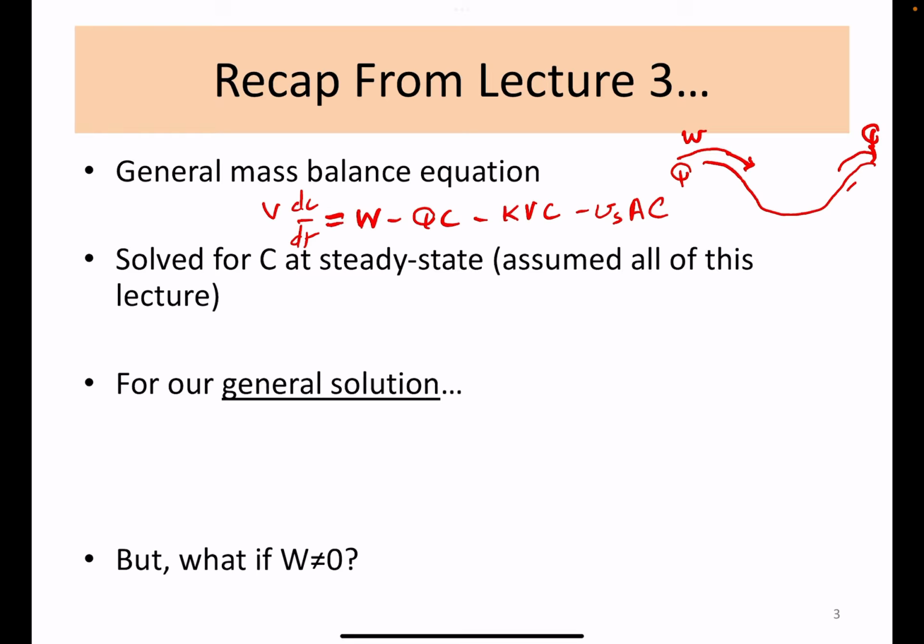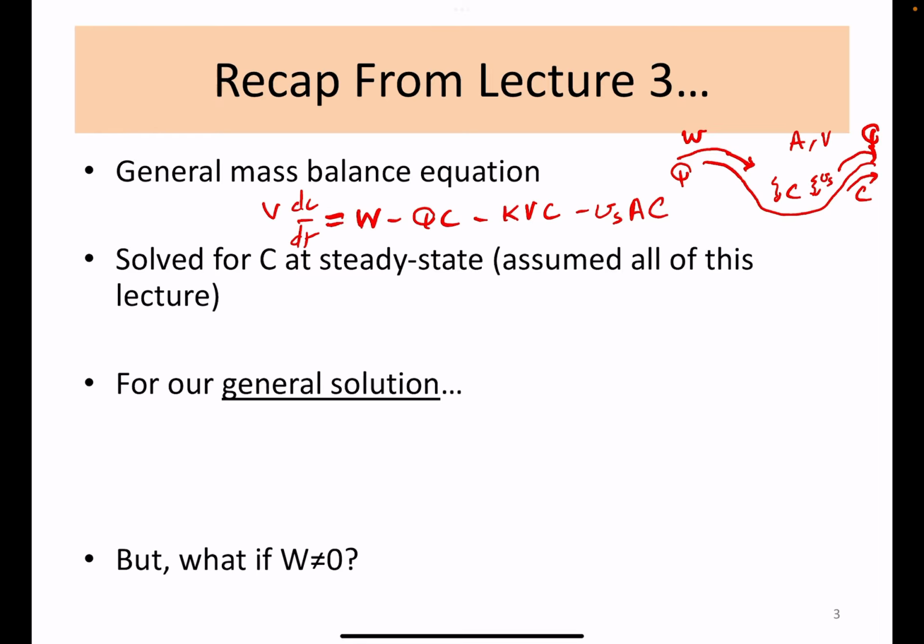And this is the concentration leaving the pond, which is the concentration inside the pond. And of course, you'll have some settling velocity of the particle, the surface area of the pond, and the volume of the pond. So all of these should be listed or measured before you do the general mass balance equation.